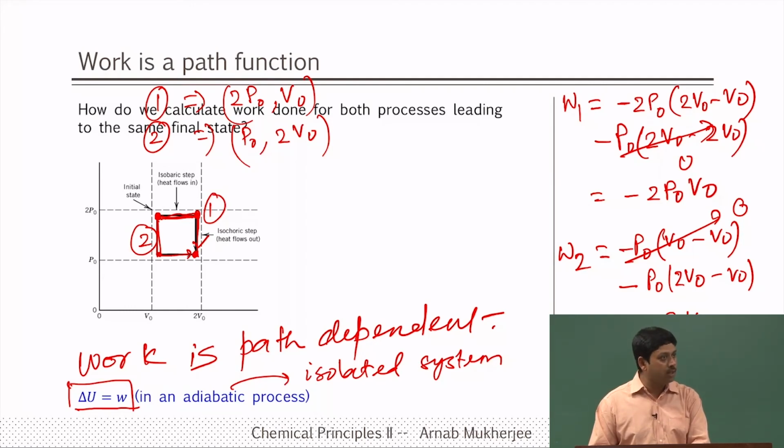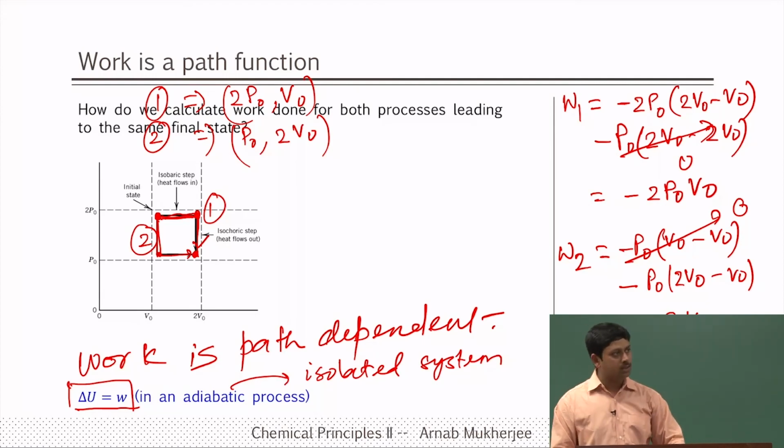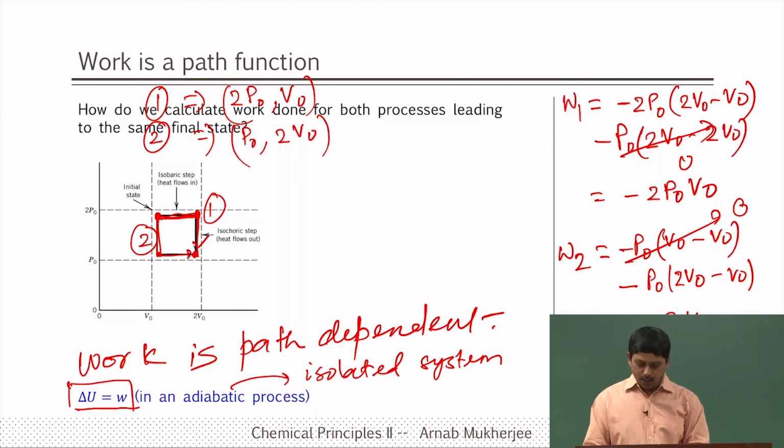If you do work on the system, then your internal energy will increase, right. You compress the gas, your system internal energy will increase. You expand the gas, internal energy will decrease. So, that is why work done on the system. So, whenever we write work, it is inherently assumed that it is work done on the system, and that will increase the internal energy of the system, because we are not supplying any other thing.